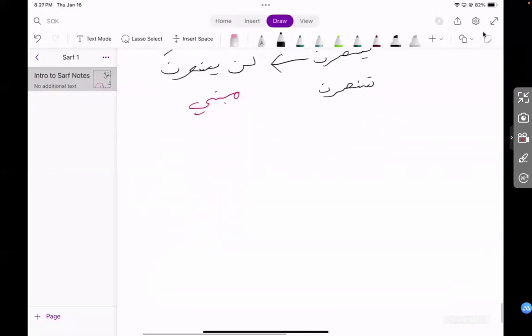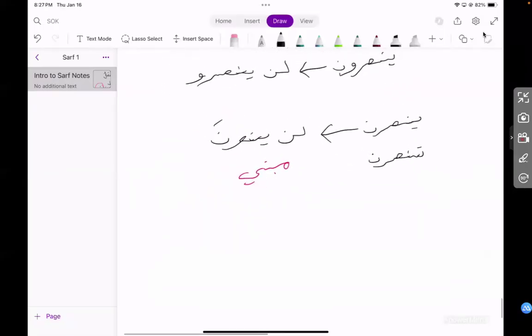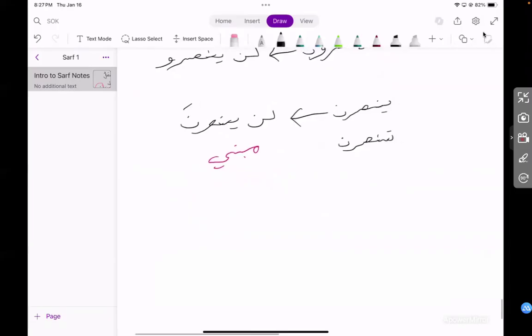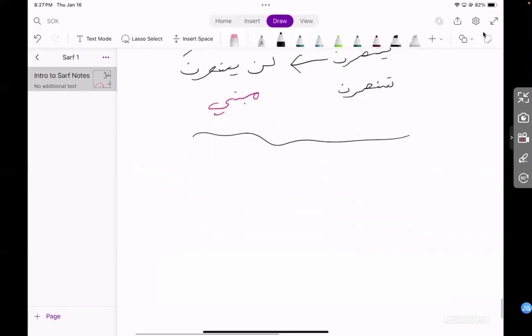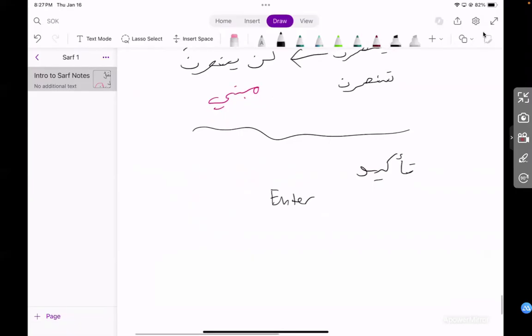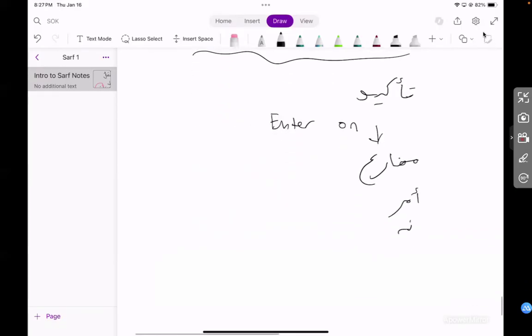Then, towards the last couple of classes, we discussed ta'keed. So I'm going to start a new section here. Ta'keed, emphasis. And emphasis can enter on three types of af'al: it can enter on mudari, amr, or nahi.